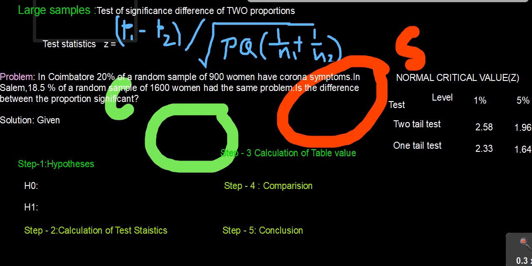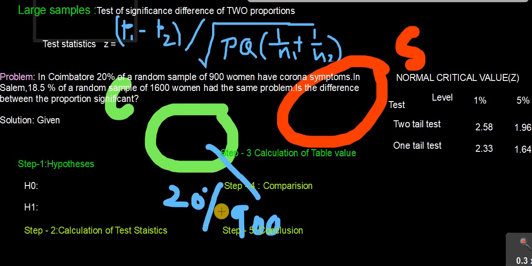Samples were taken: 900 people from Coimbatore, and 20% of them, this proportion, were affected by corona in Coimbatore. And another one, Salem, is given.